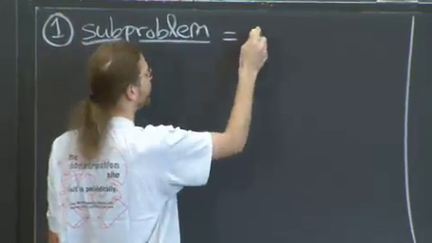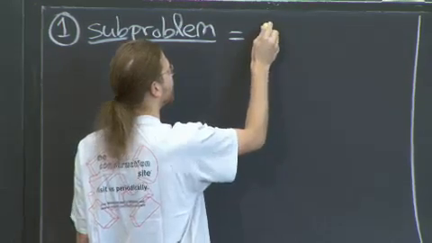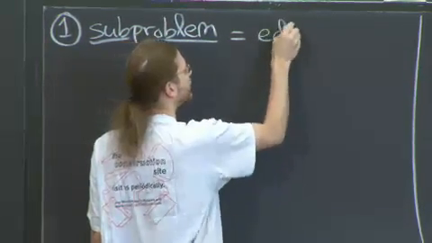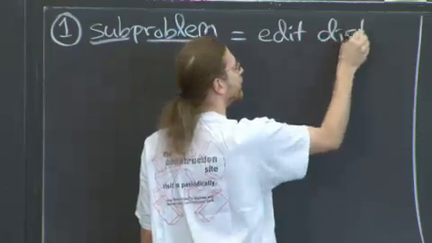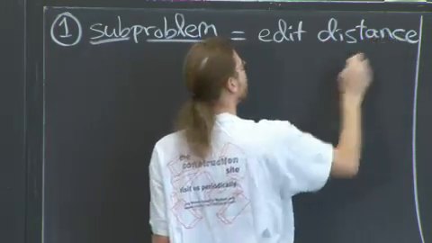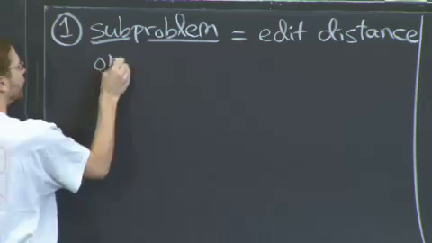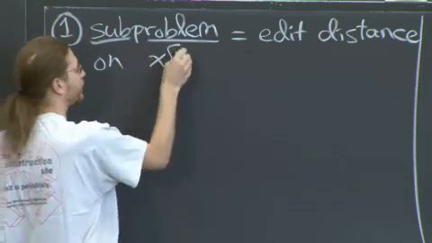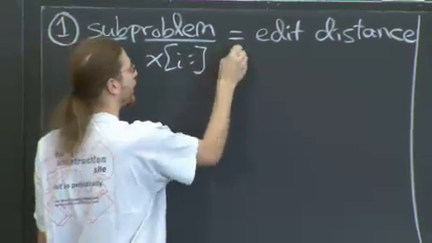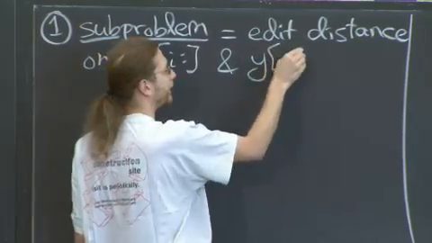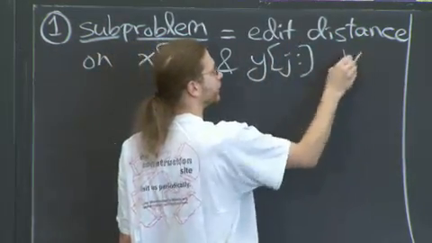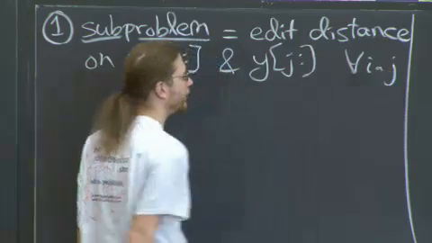So the subproblem is going to be: solve the edit distance problem on two different strings, a suffix of x and a possibly different suffix of y. This is for all possible i and j choices.